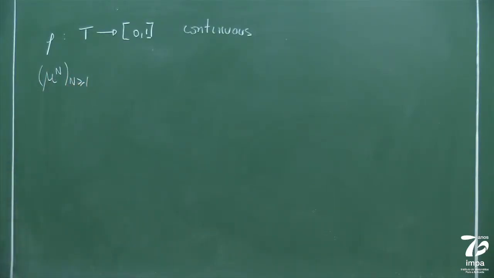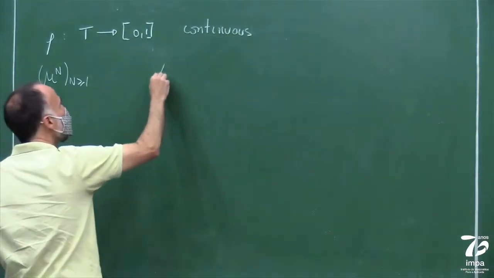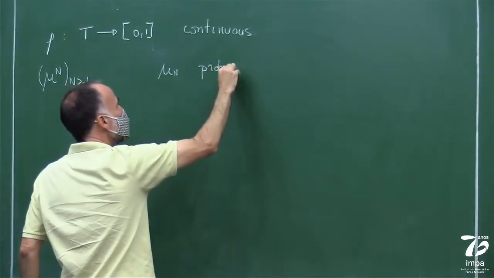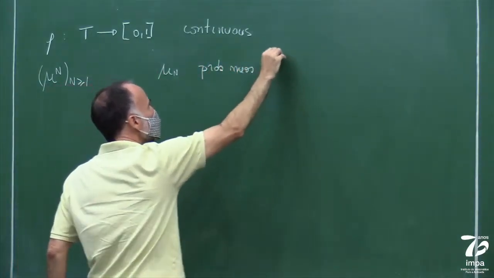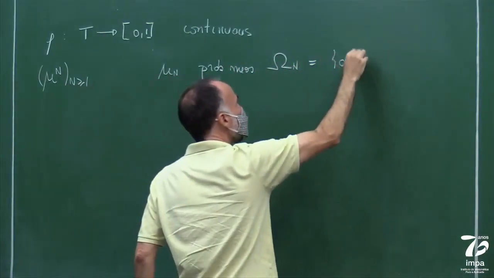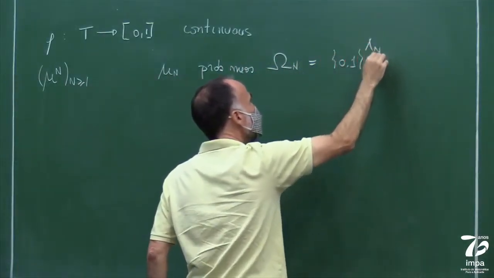Here, remember, I'm always sending n to infinity to have this idea of local equilibrium. So I would say that a sequence of probability measures, mu n, a probability measure on my state space, which is omega n, which is {0, 1} to the power lambda n.